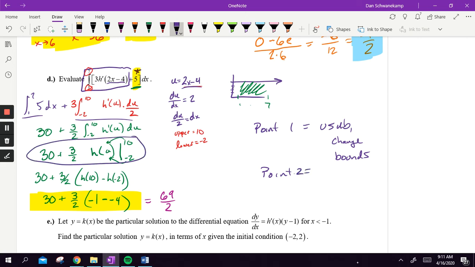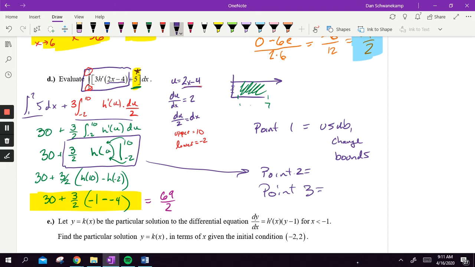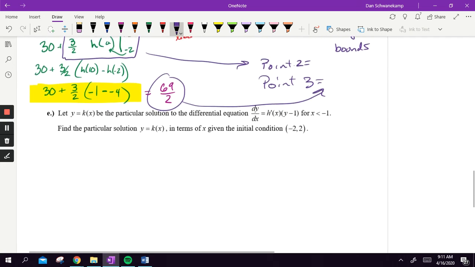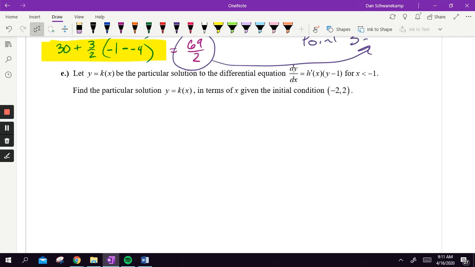I would say that this guy right there is point 2, now without the 30. And then point 3 is getting to this answer in the end. Okay, or even just what's in yellow. That one's a tough one. But again, that's how they're going to tell the difference between a 4 and a 5. Okay, so don't be too worried about that one.